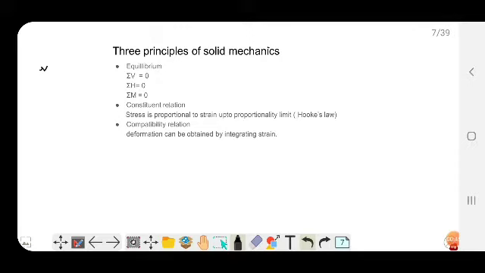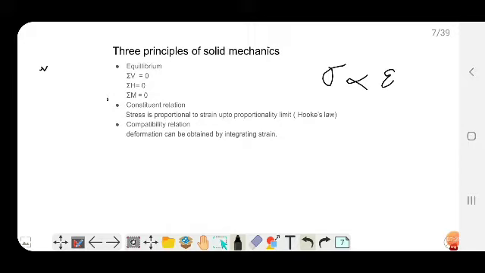Next is constitutive relation. It is an important relation, and actually it is Hooke's law. Up to proportionality limit, any body which undergoes a stress sigma, the strain that it undergoes is proportional to this stress. That is given by sigma directly proportional to strain. And we have some constants explaining this proportionality.